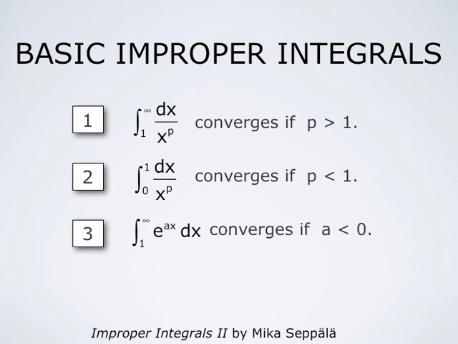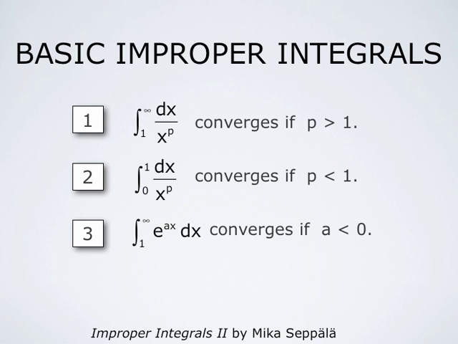Second, the integral from 0 to 1 dx divided by x to the power p converges if p is less than 1. This integral is improper because if p is positive, then the function 1 divided by x to the power p is undefined when x is 0.